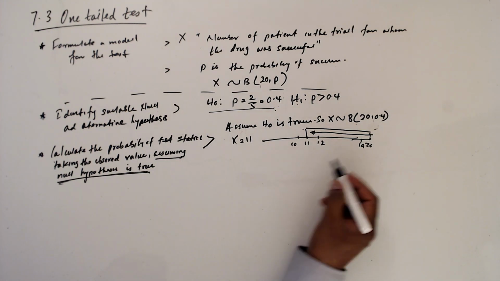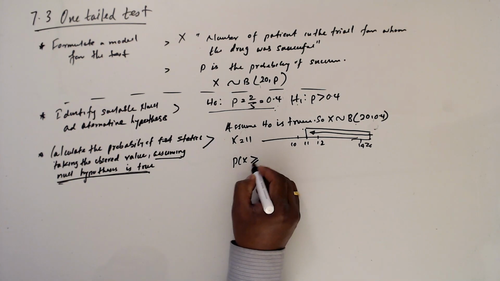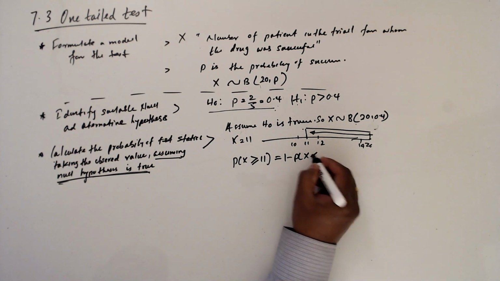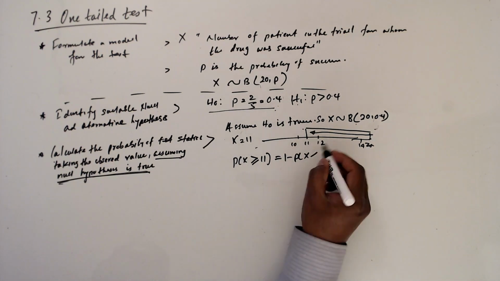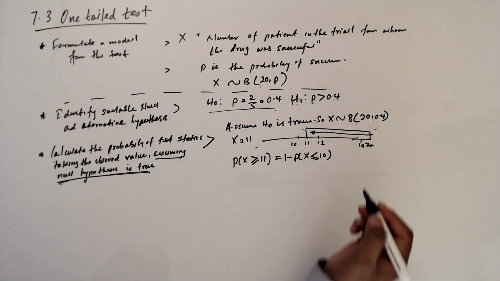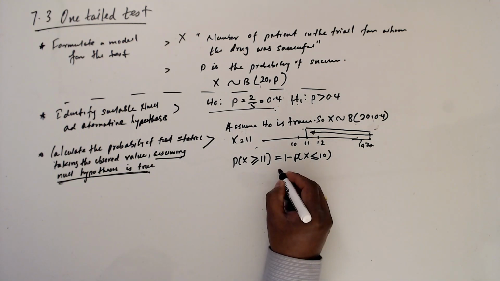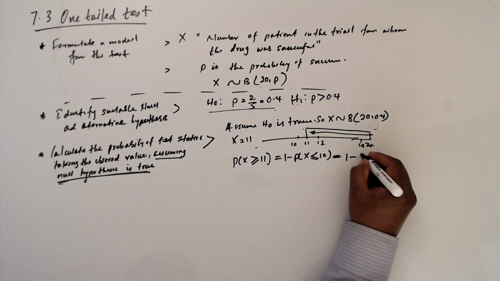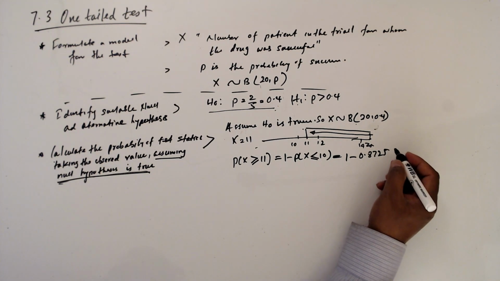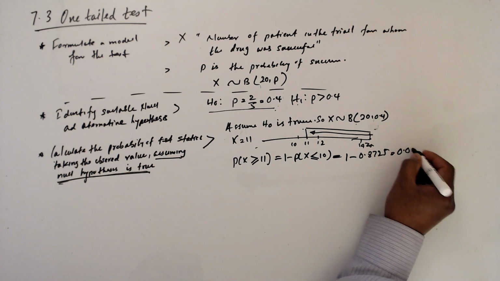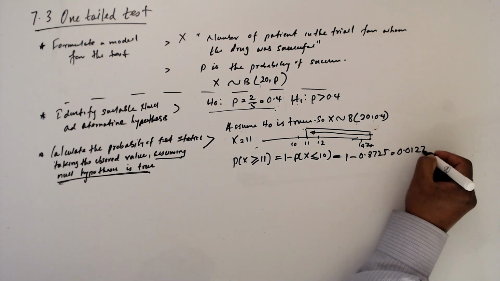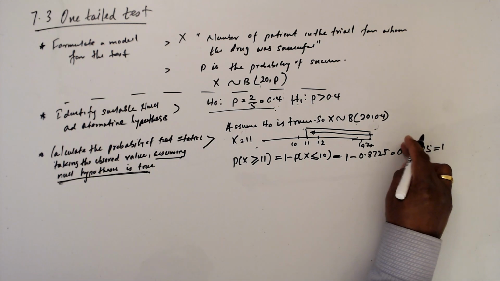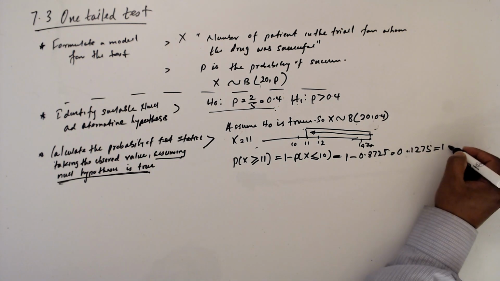So the probability of x greater than or equal to 11 is 1 minus the probability of x less than or equal to 10. From the table you will see this value is 1 minus 0.8725, which is 0.1275. As a percentage, it's 12.75.